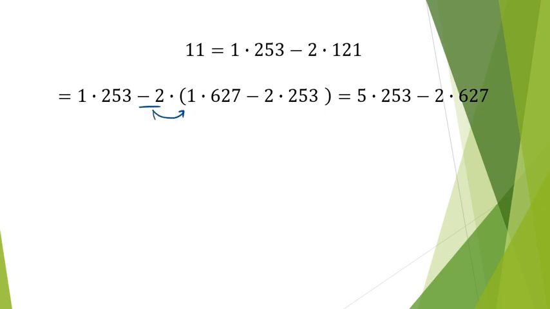Multiply the -2 into each of the numbers out front, and then combine like things. I have 5 253s, because the -2 times the -2 gets me a +4, plus the 1 I had out front. And then I have -2 627s from the -2 times the 1.